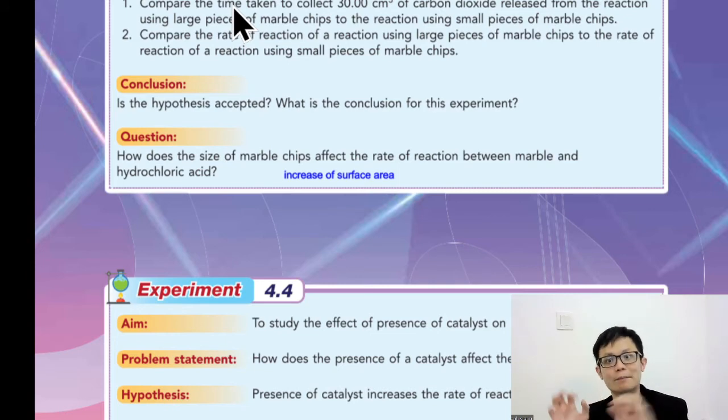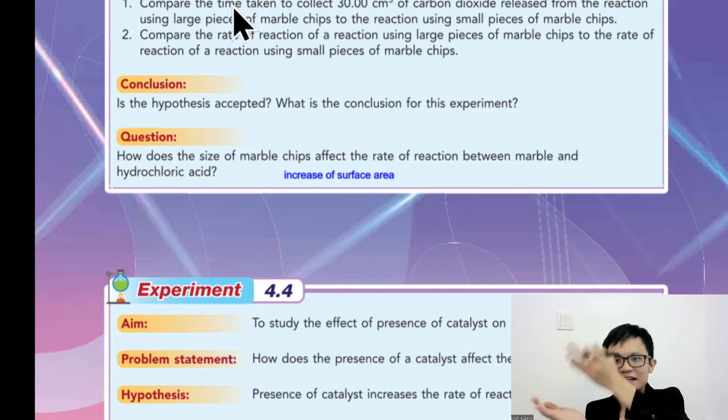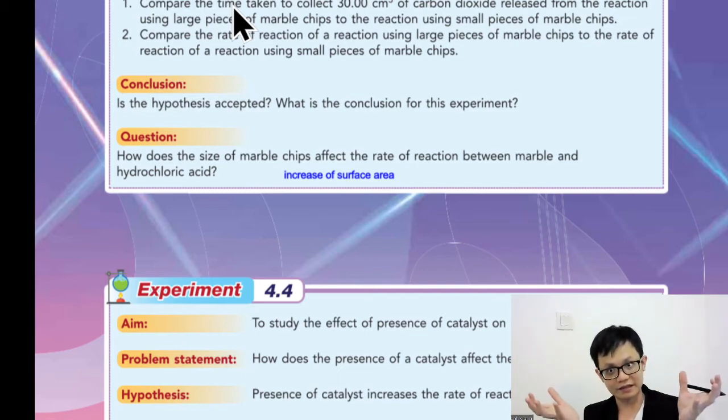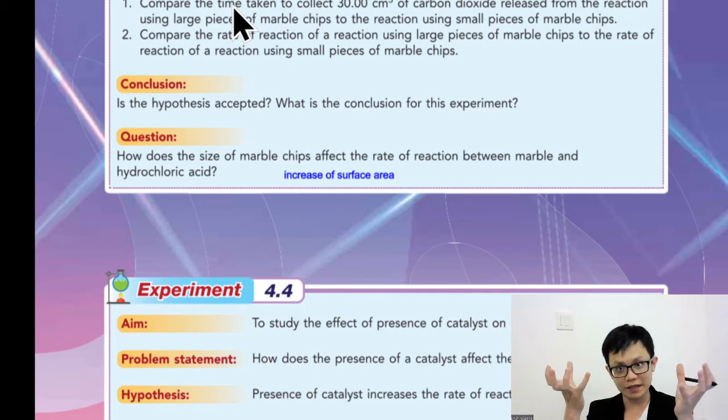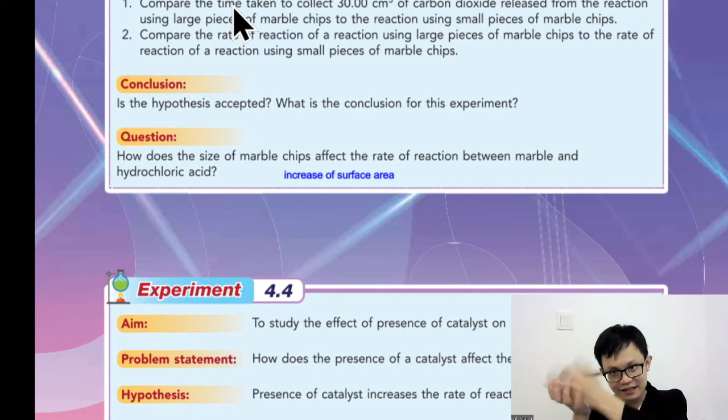We are talking about both having the same size, but this one I cut. This one is still a big thing. So it's not a small thing compared to a big thing. It's a big thing compared to a big thing, but this big thing I cut. You get what I mean or not?